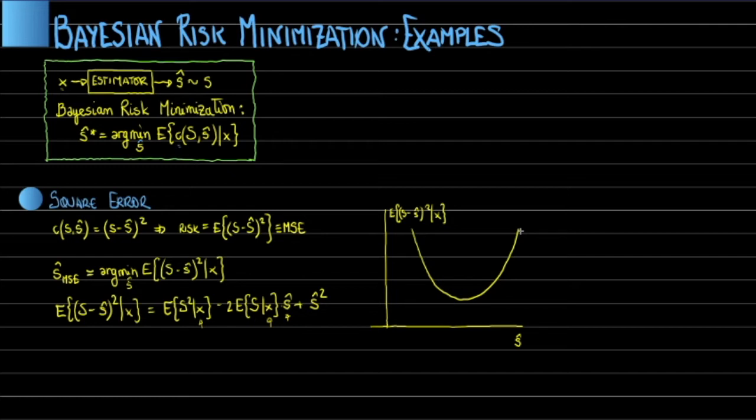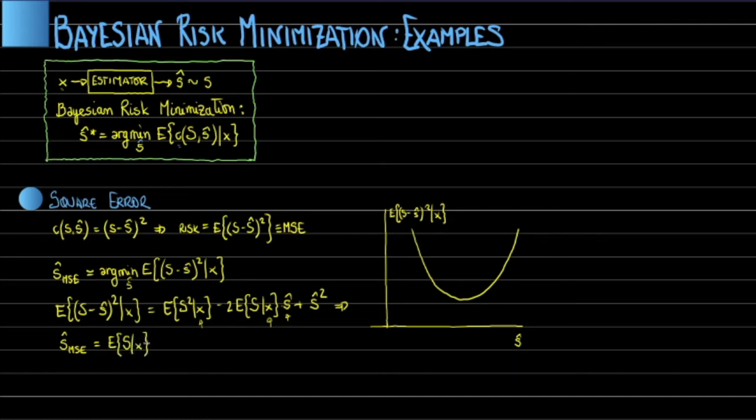Okay? And we have to minimize it. Where is the minimum? The minimum is got simply by computing the derivative with respect to S hat. So, just by differentiation, we can see easily that S hat MSE is equal to the expected value of S given x.